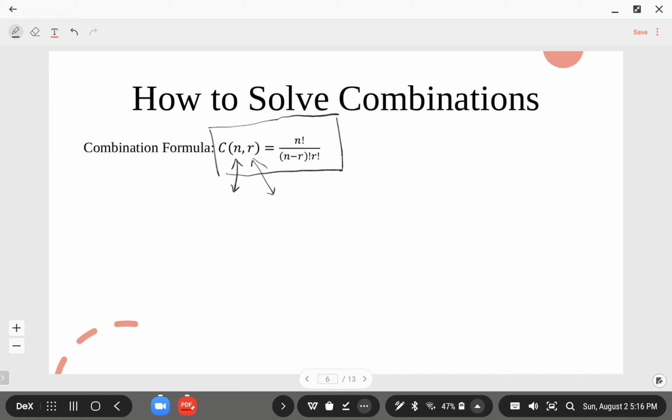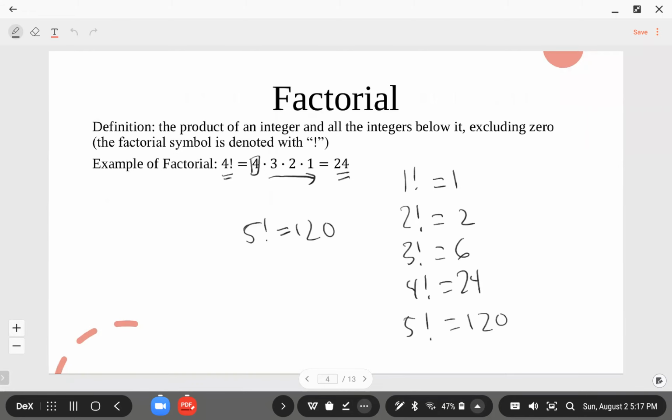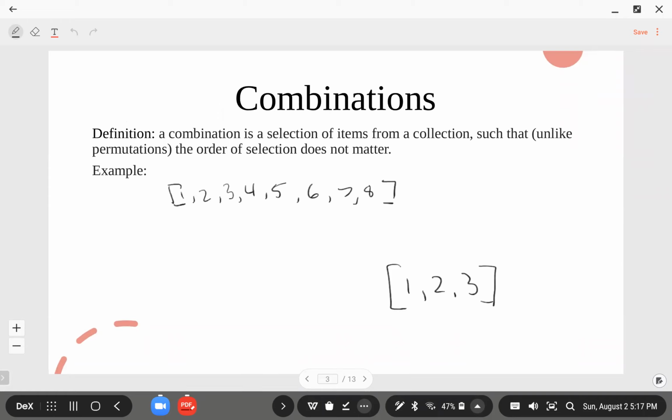The N is all the objects in the set. All the objects in the set. Okay? And the R, remember in the combination definition, I said you have to pick groups of 3 or groups of 2 from this whole big set, right?